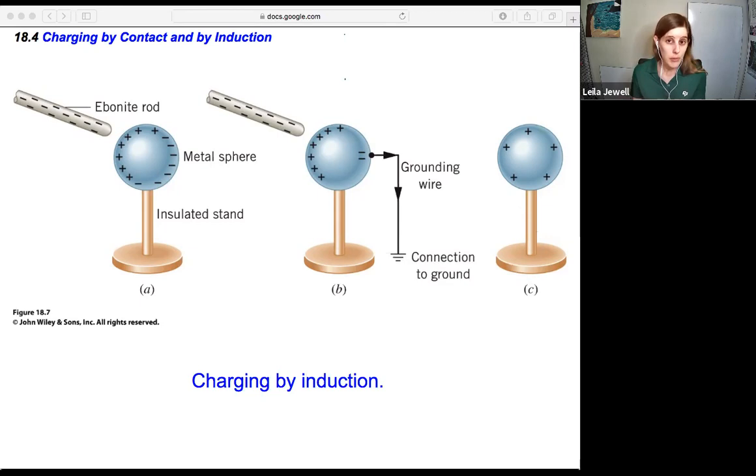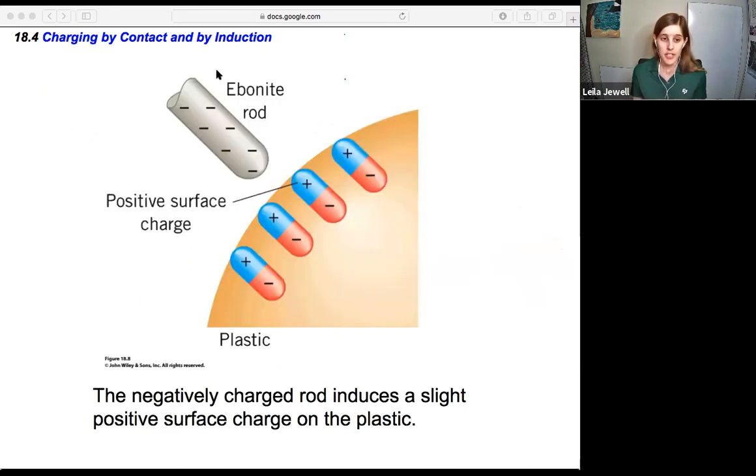There are some in-between cases, and that's if we bring the negatively charged rod close to something like plastic. With plastic, the negatively charged rod can actually induce a slight positive surface charge on the plastic. It's not enough to fully separate the charge the same way we had with the metal sphere, because plastic's an electrical insulator.